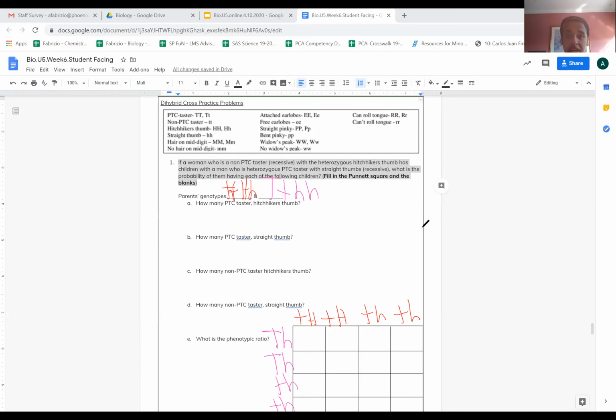So now we can do our cross. Let's do that in an even different color, this blue.